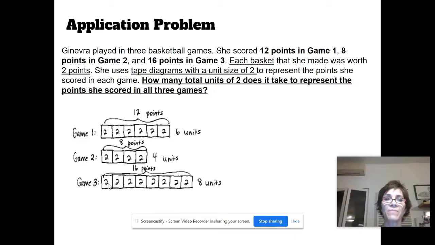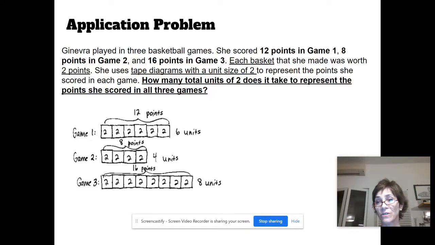And in game 3, she scored 16 points. Each basket is worth 2, counting by 2s, 2, 4, 6, 8, 10, 12, 14, and 16. That's 8 units. Okay? The question was, how many total units of 2 does it take to represent the points she scored in all 3 games? So how many units of 2 for all 3 games?